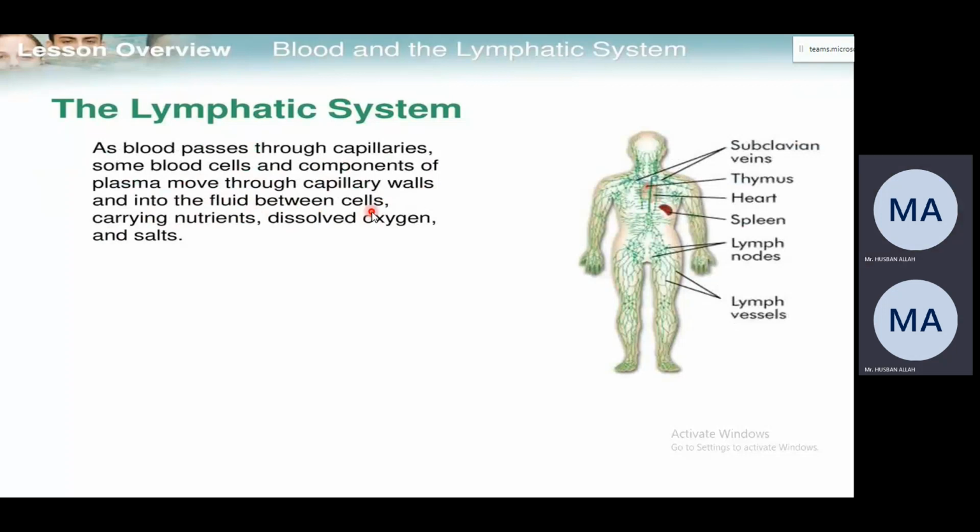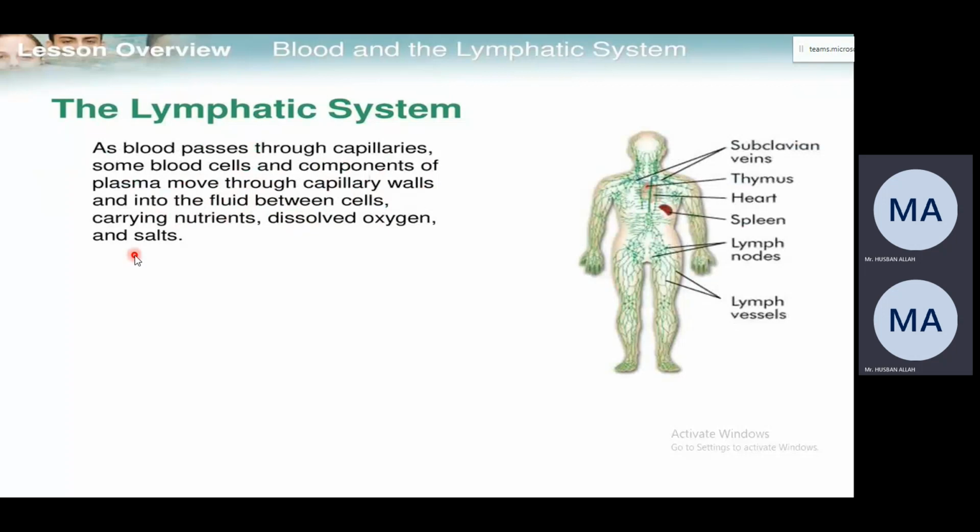The human body is made up of 60 to 90% water, so all of it is fluid. The blood will seep into the space between the cells, and this seepage will contain nutrients, dissolved oxygen, and even salts.